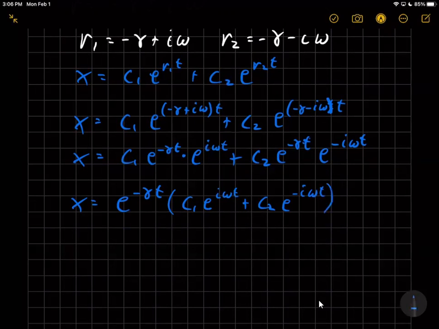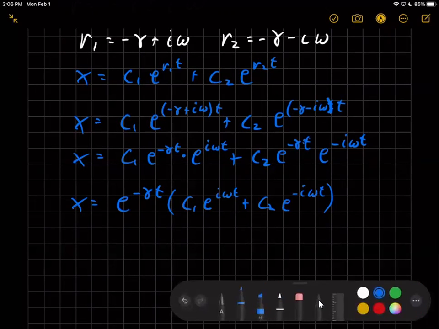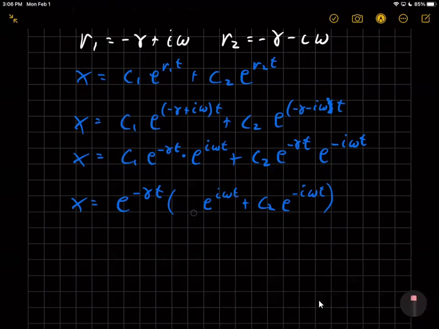Now, in order to make this work, I probably should have said the following. Instead of putting those in as C1 and C2, I should have made those A's when we get down to this step. In fact, let me just do that. The constants hadn't been defined yet.